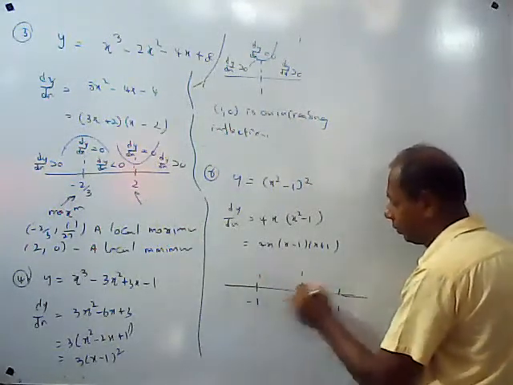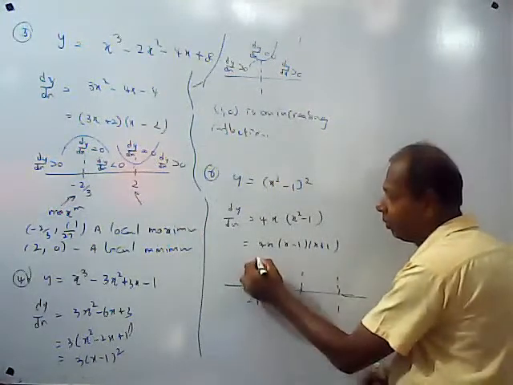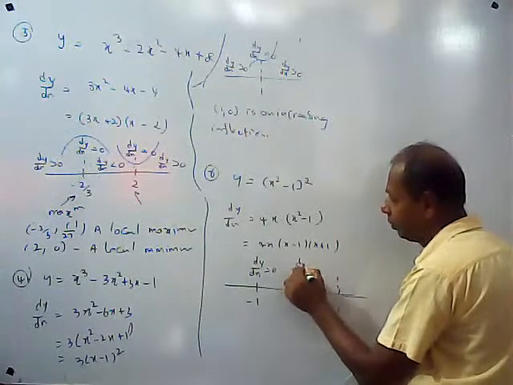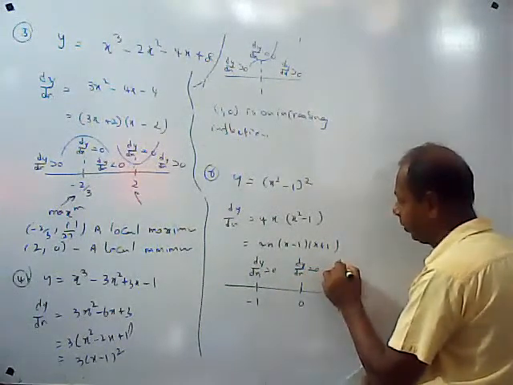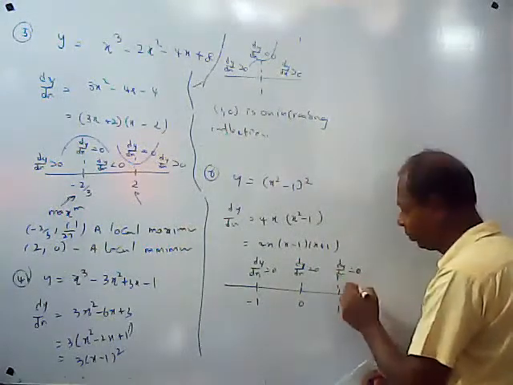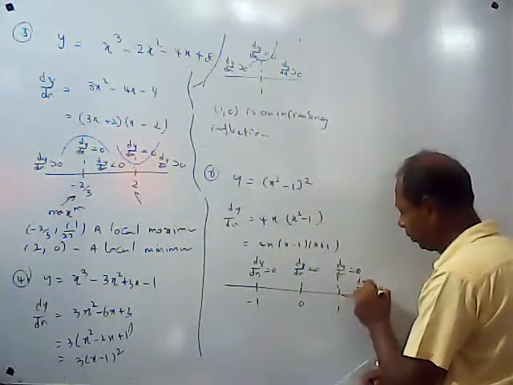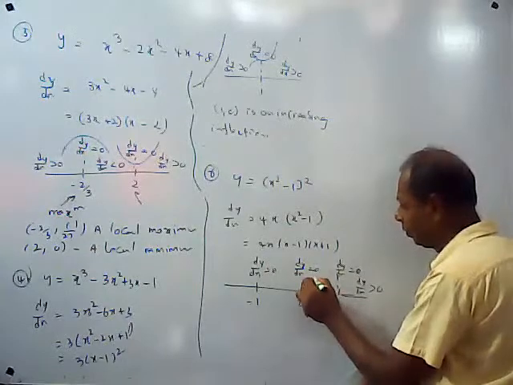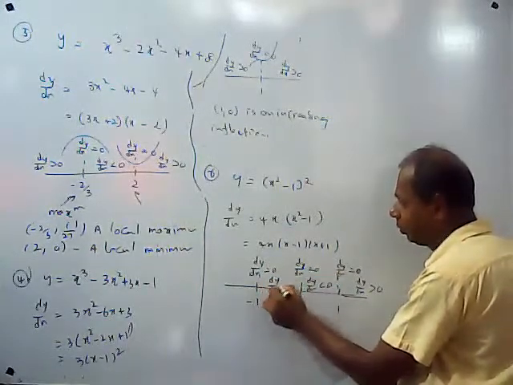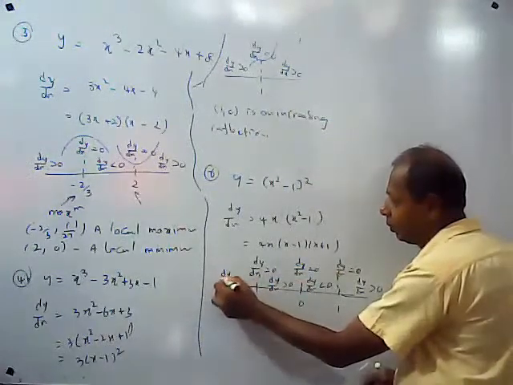At these points dy by dx is equal to 0. Here dy by dx is negative, then positive, then negative, and finally positive.